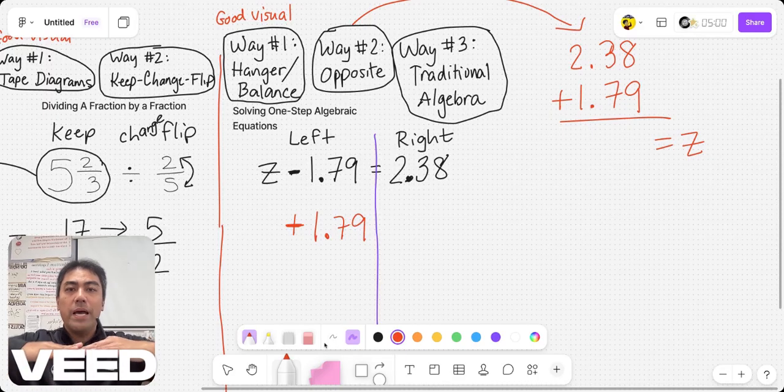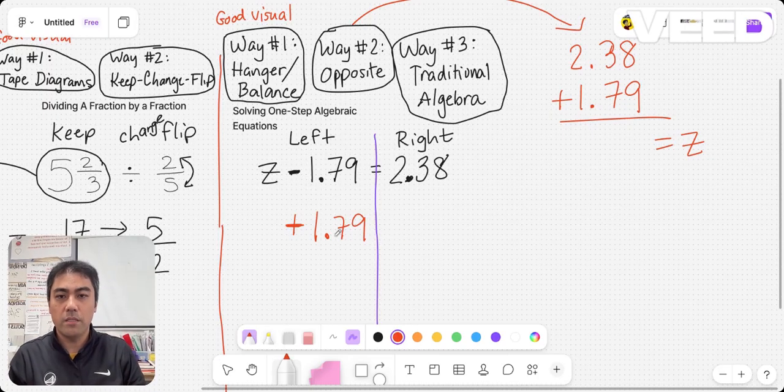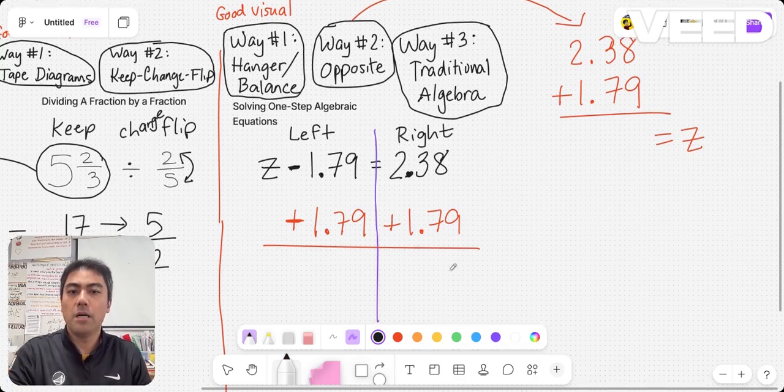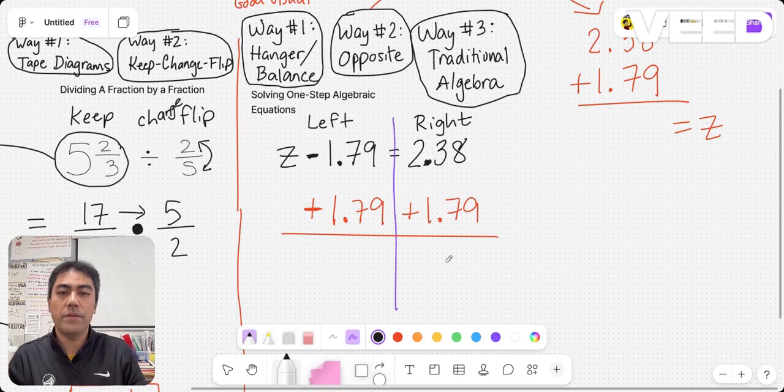And whenever we want balance or equality on the left side and the right side, whatever we do on the left, we do the same thing on the right. So for adding 1.79, what do we do on the other side? We also add 1.79. Okay. The next step is to either work on the left side or the right side. I'm going to just do the left side.